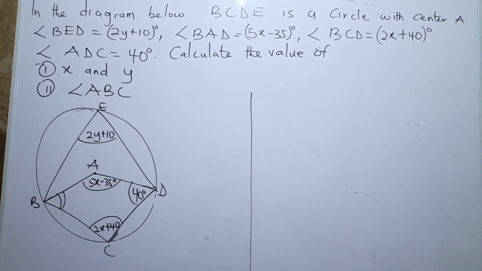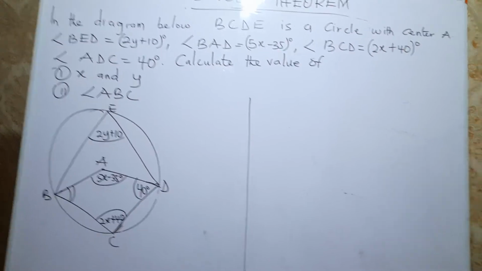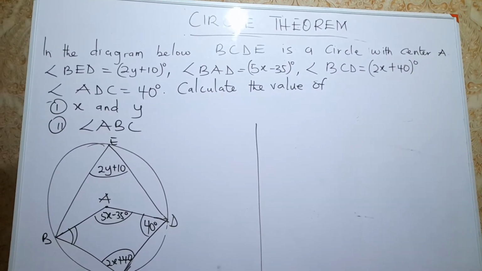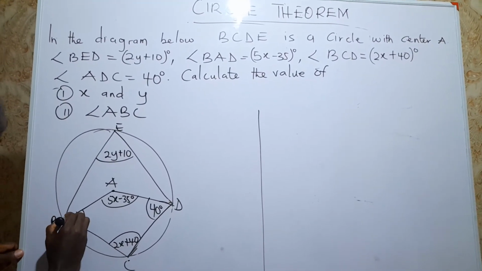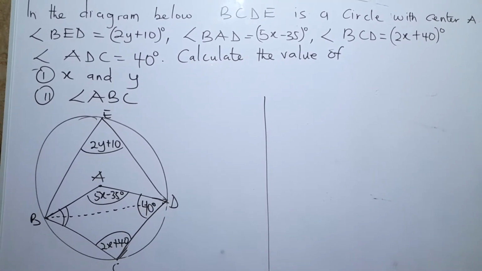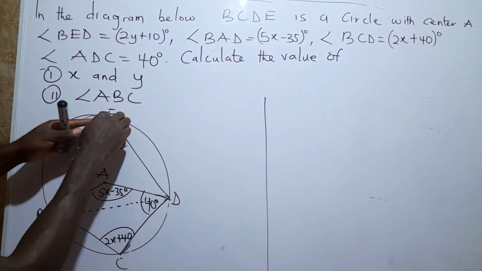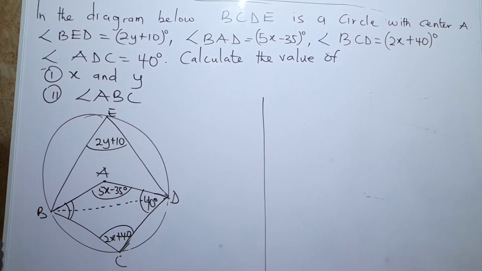Now let's see how we'll combine the properties that we have learned to solve this question. So let's look for a chord. Look at it, see. You can have a chord here. The chord sustains an angle at the center of the circle, and the same chord sustains an angle at the circumference. Remember that property?